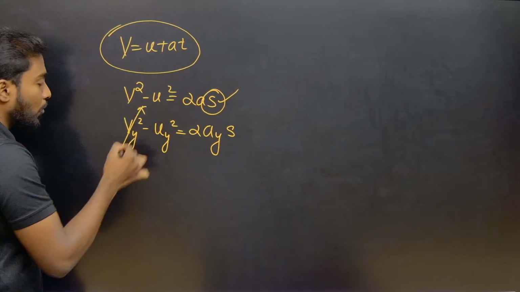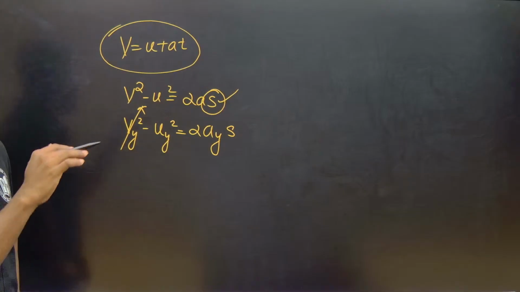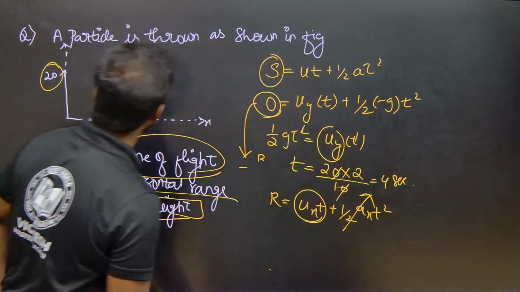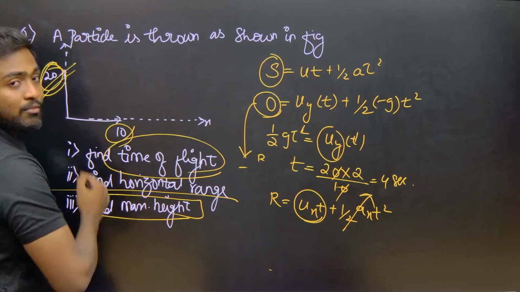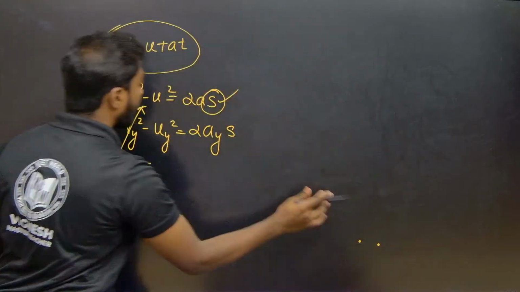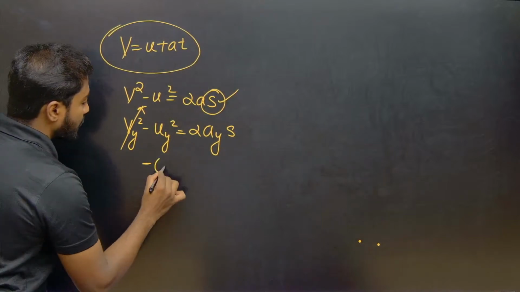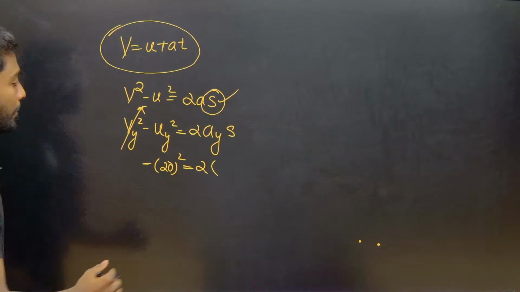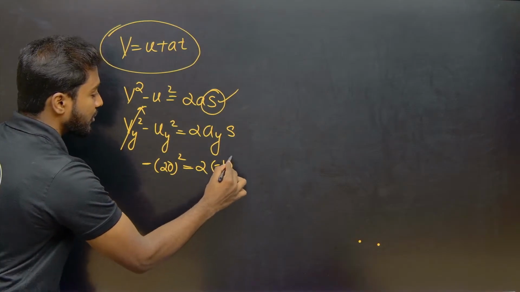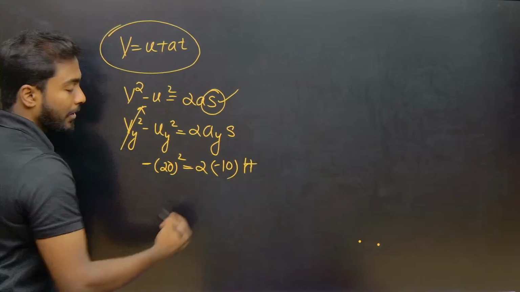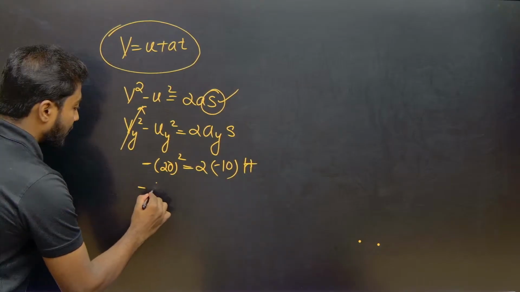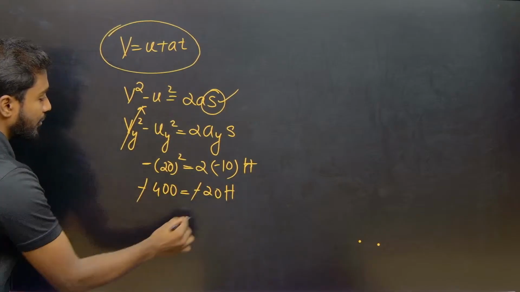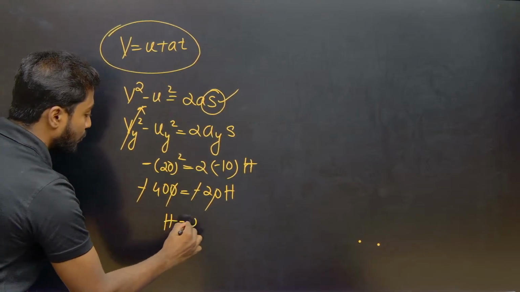This is 0, because it is at maximum height, minus what is the velocity here? In the y axis it is 20, so minus 20 the whole square equals 2 into minus g, that is minus 10, into maximum height h. So minus 400 equals minus 20 into h, minus minus cancel, 0 0 cancel, and h will be 20 meter.